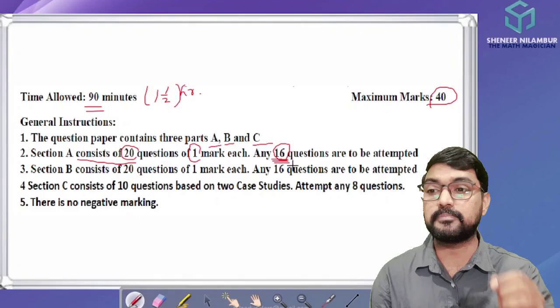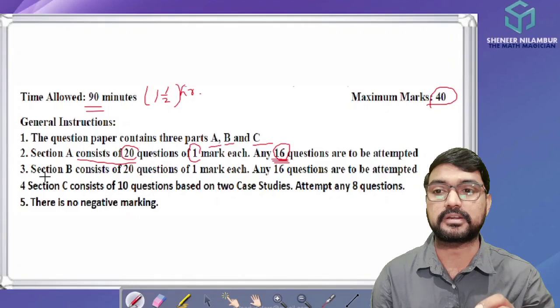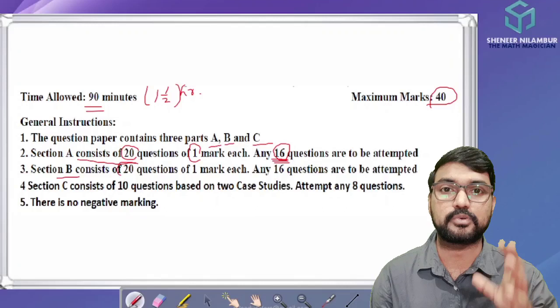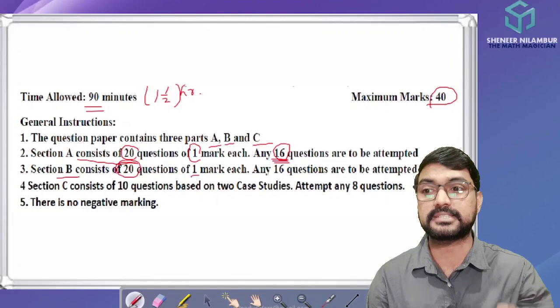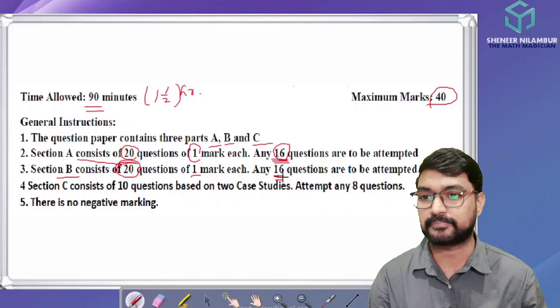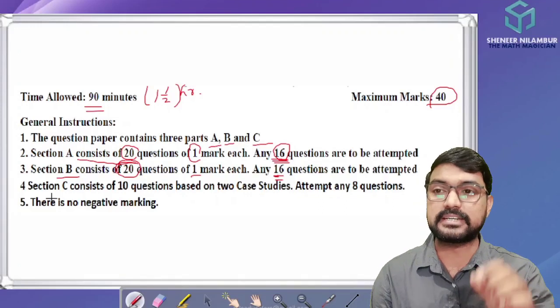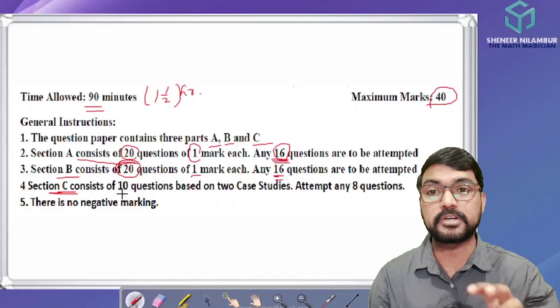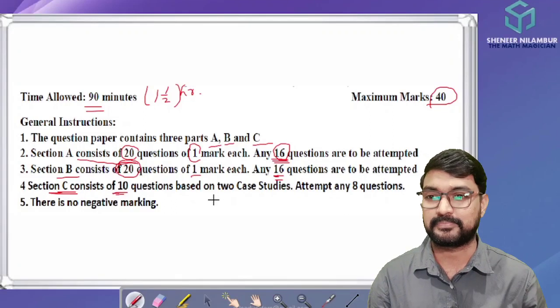Similarly, section B consists of 20 questions of 1 mark. We can attend only 16 questions. But section C is totally different from section A and section B. What is the difference? It consists of 10 questions based on 2 case studies.